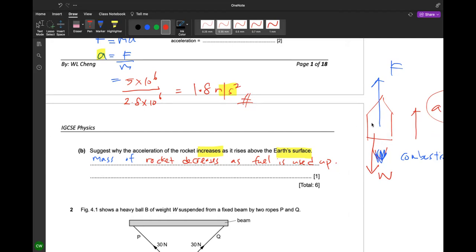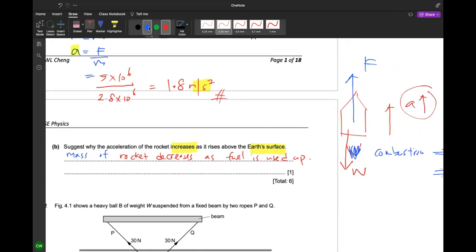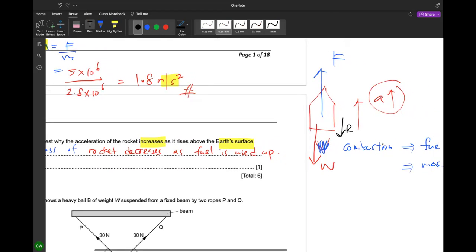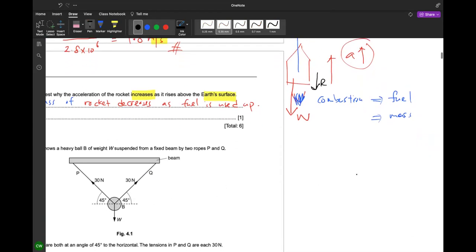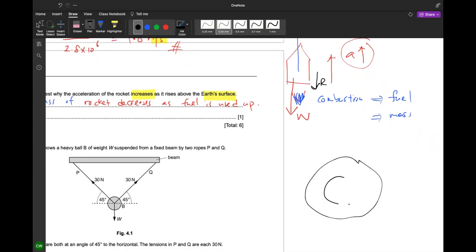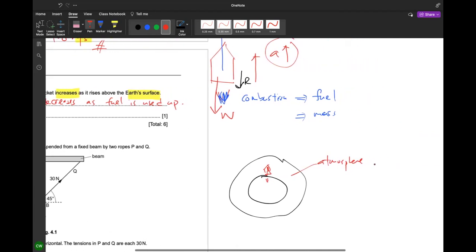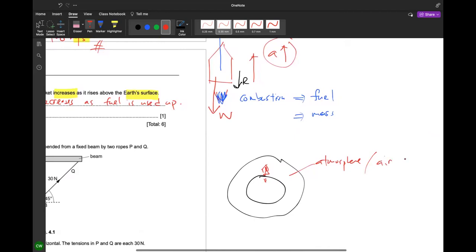Actually, there is one more force also acting down. It's called R, air resistance. So when the rocket is going up, it passes through the atmosphere. When it passes through the atmosphere, there is air friction.